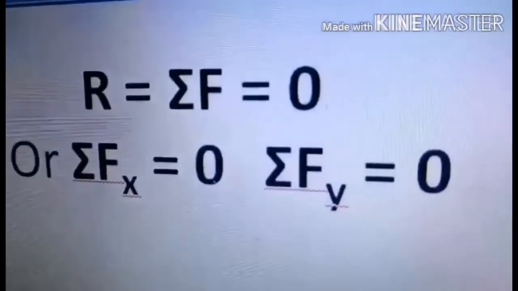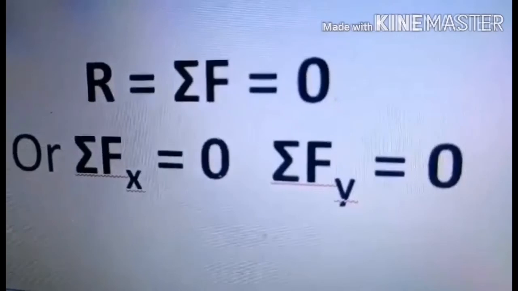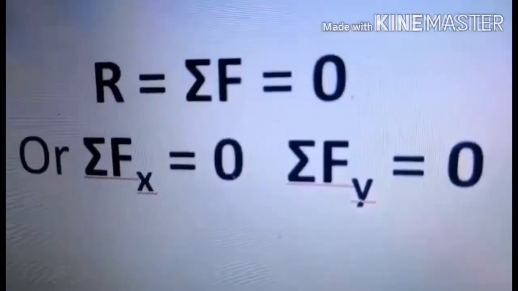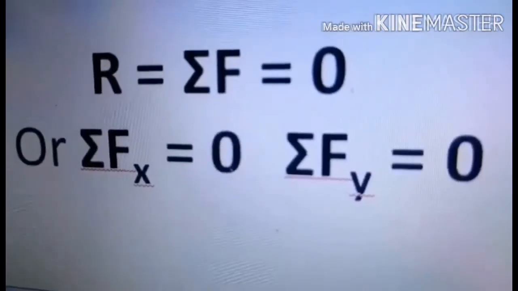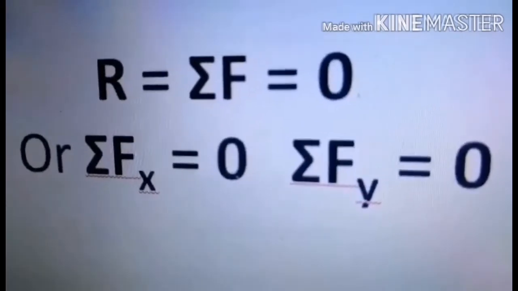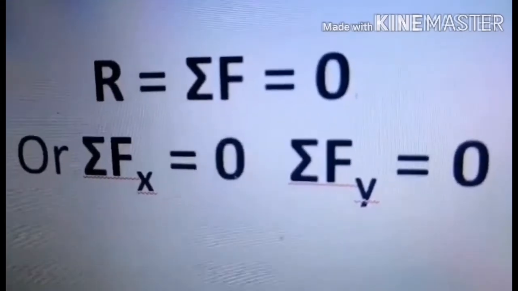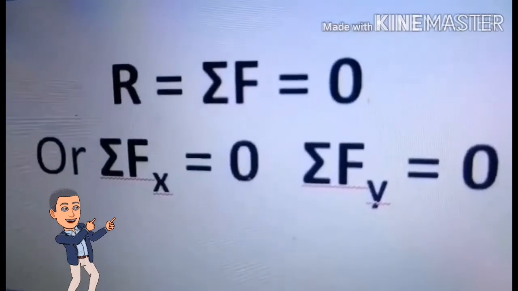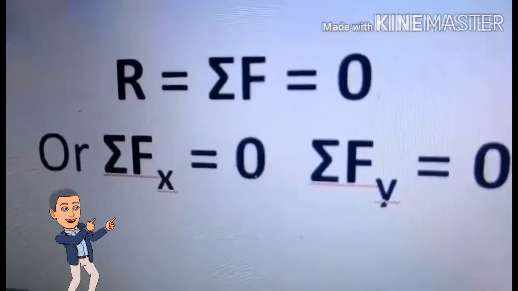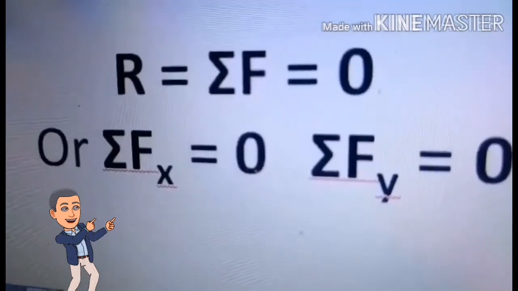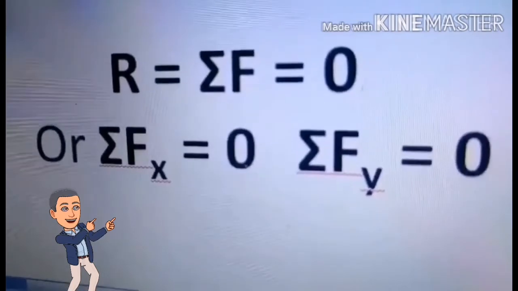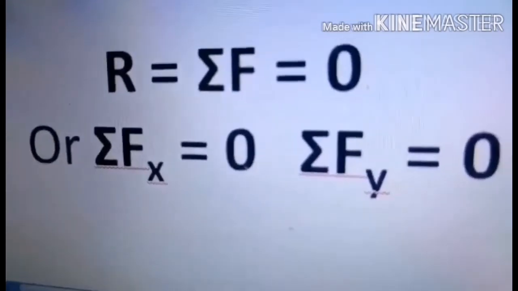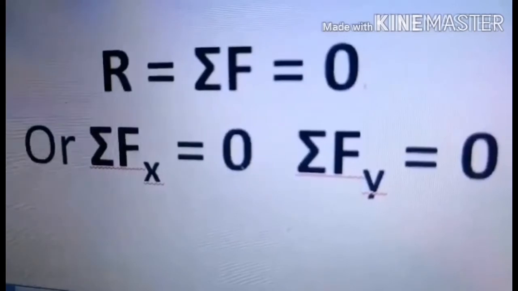When the equation summation of F equals 0 is satisfied, the body is in equilibrium, provided that it can be represented as a point, or that all the forces acting on it are applied at the same point. The condition for equilibrium, represented by the equation summation of F equals 0, is called Newton's first law of motion.